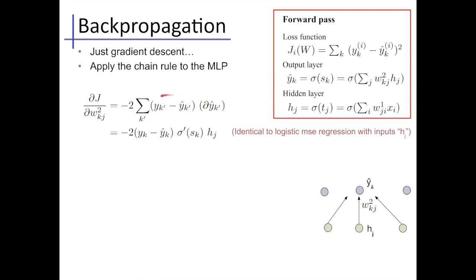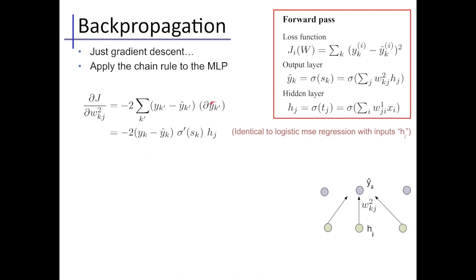First, this is the derivative of the loss function with respect to y hat. Next, we calculate the derivative of y hat with respect to these parameters, in this simple notation referring to the derivative of y hat with respect to W2. How do we do that?